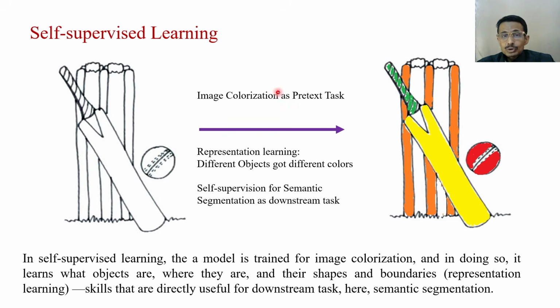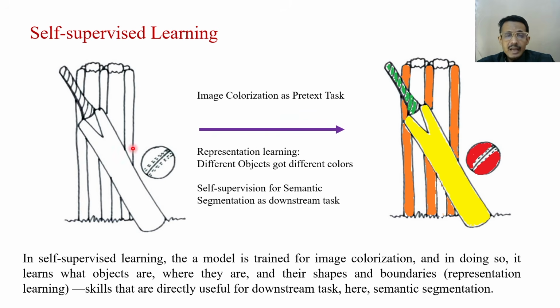By virtue of image colorization as a pretext task, we learn such image data representations, and these skills are directly useful to a downstream task like semantic segmentation.